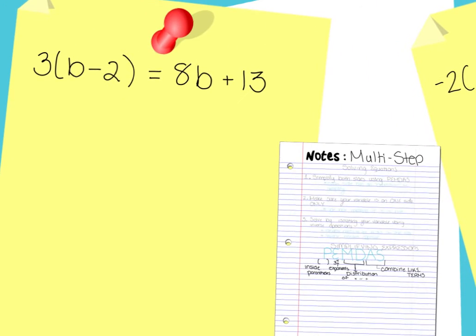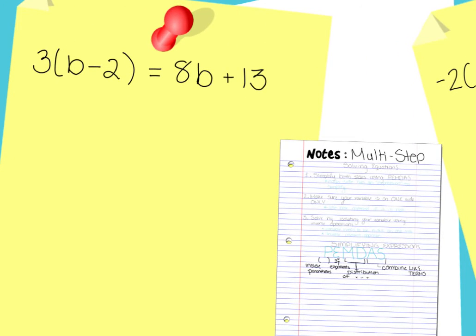Right here we have something else going on. Hopefully you notice the parentheses right away. So again, we take our two sides and we make sure that we simplify both sides. In the case right here, I have to simplify the left side by actually using distribution because I do have something to distribute. I know I have something to distribute because I have these parentheses right here and a number right outside of it.